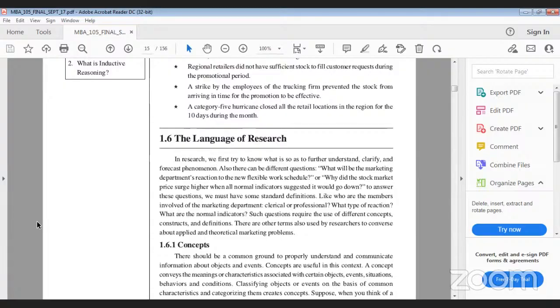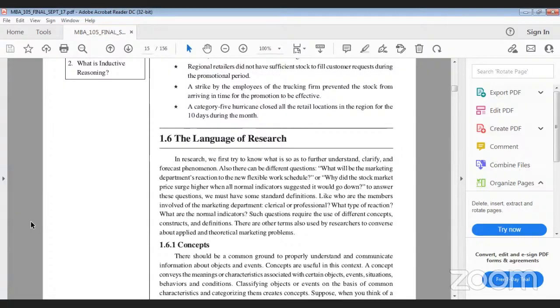What will be the marketing department's reaction to the inflexible work schedule, or why did the stock market price surge high when all normal indicators suggest it would go down? To answer these questions, we must have some standard definitions: who are the members of the marketing department, who is clearly a professional, what types of reaction, what are the normal indicators.